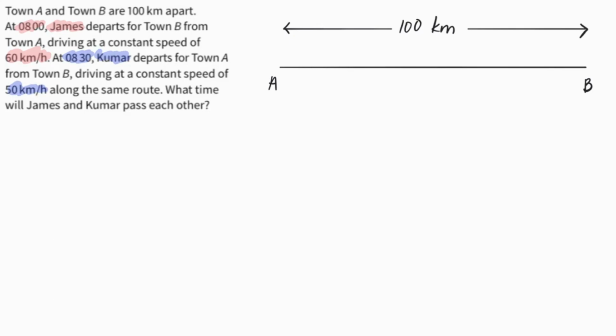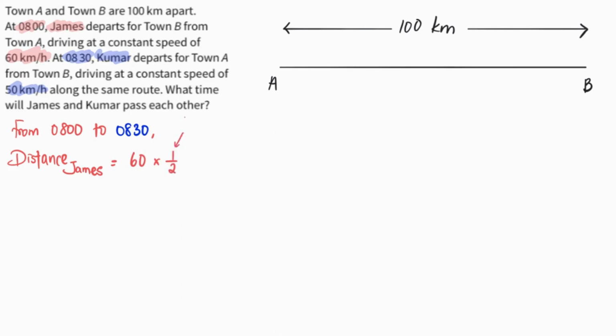Okay, so in this 30 minutes, so from 8 AM to 8:30, the distance by James during here will be equals to 60 kilometer multiplied by half an hour.